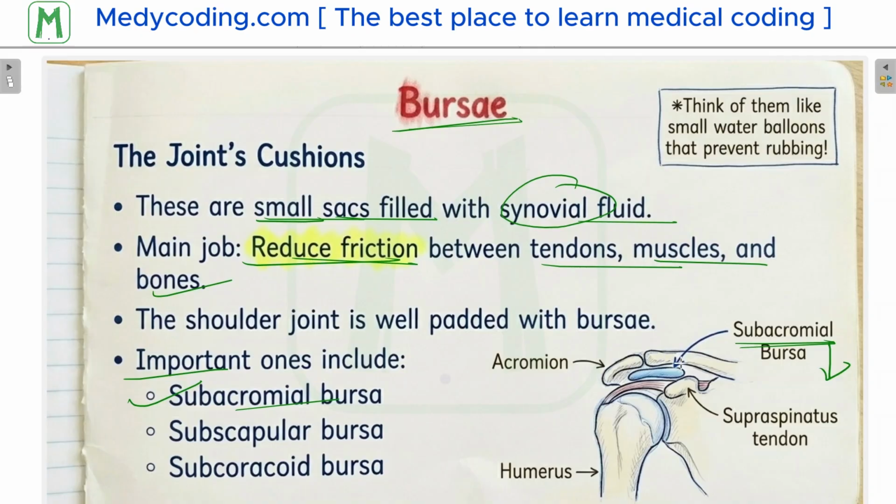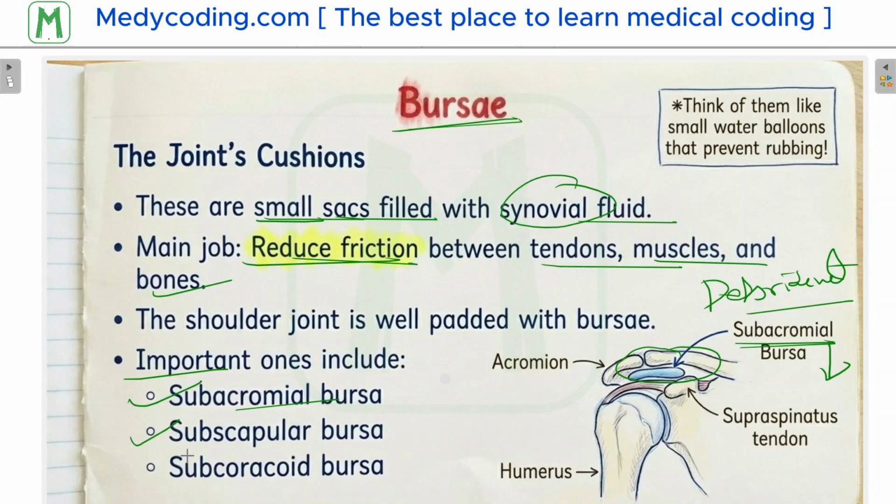This is a very important bursa in surgery medical coding, because the physician does debridement of this bursa because of bursitis, and decompression because of impingement in this acromion joint. So must remember this.